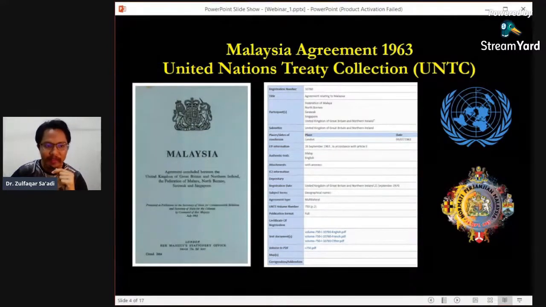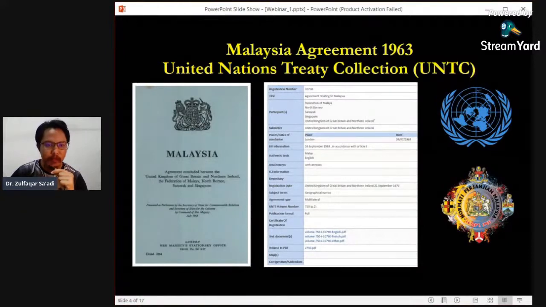I didn't write this by myself. It is written by the United Nations. The registration number for Malaysia Agreement lodged in the United Nations is 10760. That is the registration number. And the title is Agreement Relating to Malaysia, which we usually call Malaysia Agreement 1963.